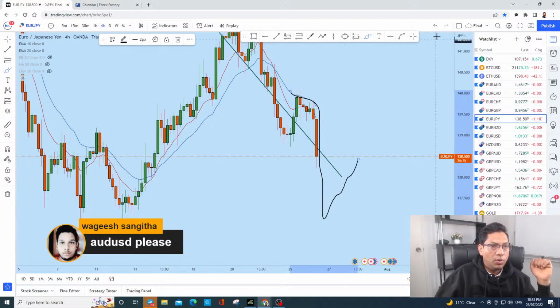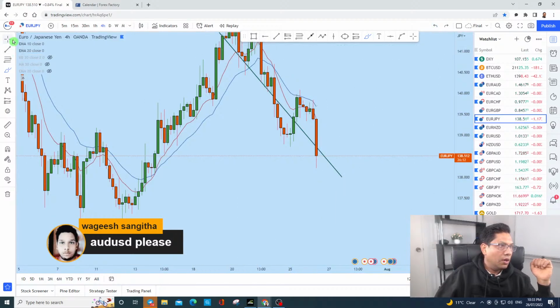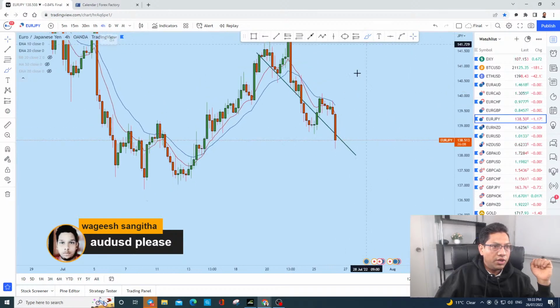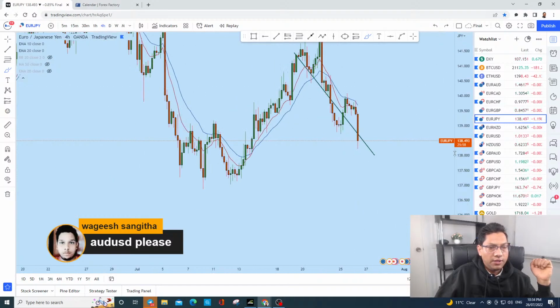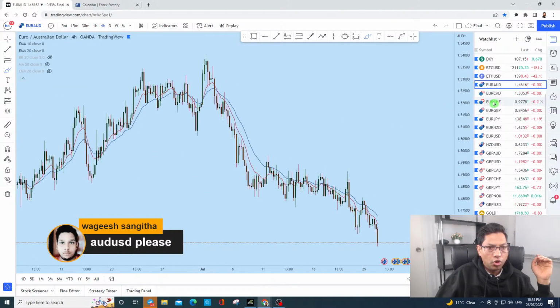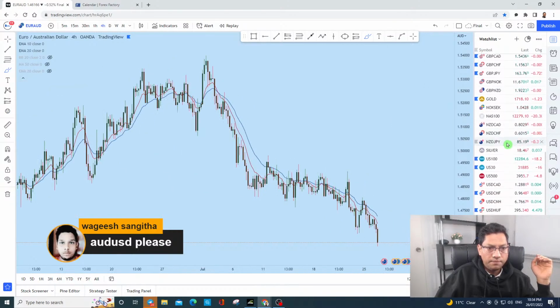So what I will be waiting for on Euro-JPY is a slower retracement to the upside, and then for it to continue to drop again. That's what I will be waiting for on Euro-JPY and Euro-AUD as well, to give us some shorting opportunity on this one, and Euro-Dollar.